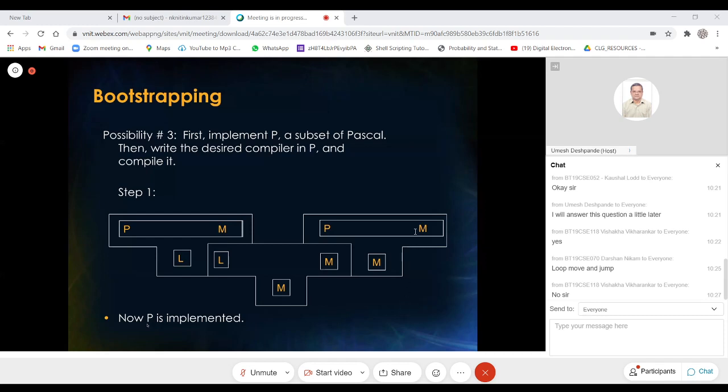Okay, so what I'm saying is I choose a superset of P, let's call it P dash. I write a translator from P dash to P, which is easy. Easy in the sense the translated version is also a higher level language, not the machine code itself. And that translator, I write it in P. And I feed it to this entire pipeline.